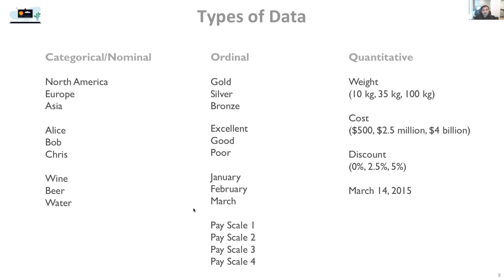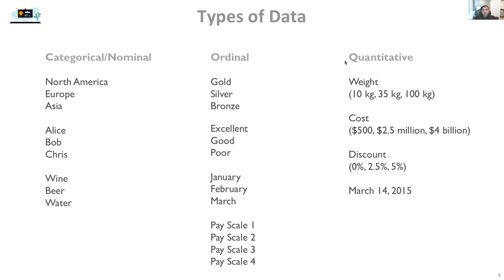For example, the difference between poor economical status and good economical status might be lower than the difference between good economical status and excellent economical status. Or in a company, the difference between pay scale 1 and pay scale 2 might be very different from the difference between pay scale 3 and pay scale 4.